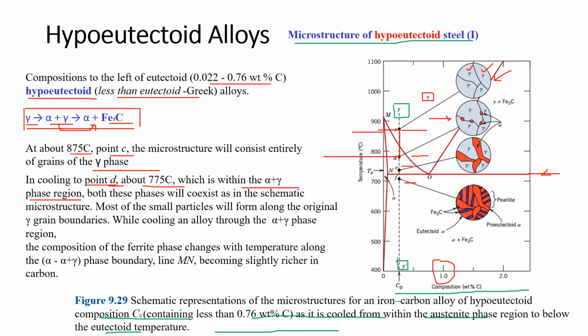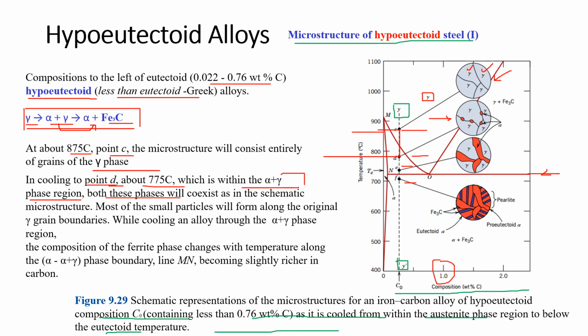We will study the cooling process and the phase region step by step. During cooling, the line MO in the diagram has been crossed, and this region is the alpha plus gamma phase region.